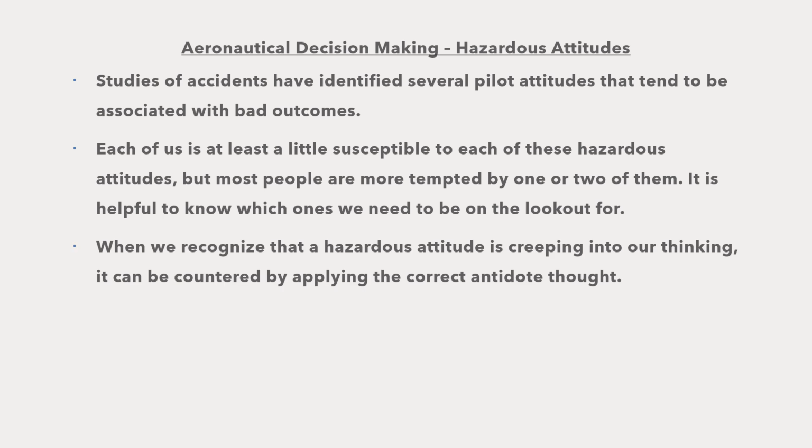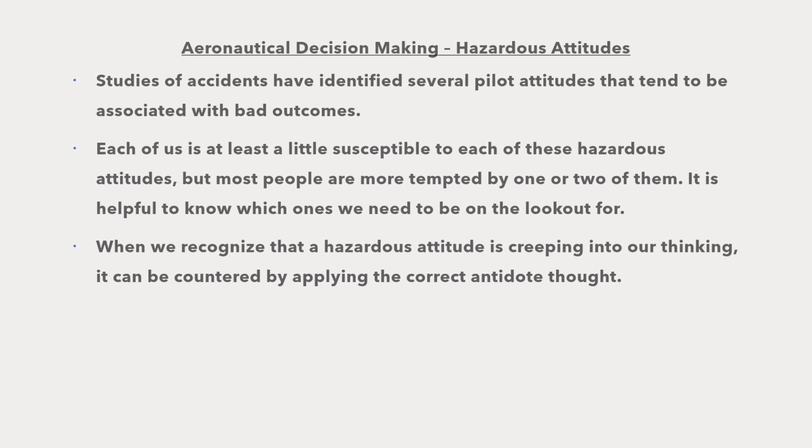So when we recognize that a hazardous attitude is starting to creep into our thinking, that can be countered by applying an antidote thought. This is where we actively take control of our thoughts and say, I don't like the way I was thinking. I'm going to consciously have a thought that will counteract that tendency that was sneaking into my thinking.